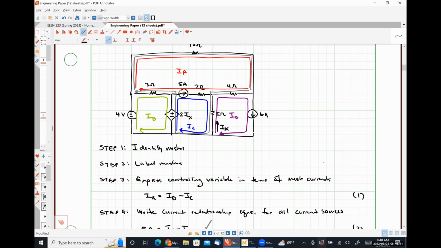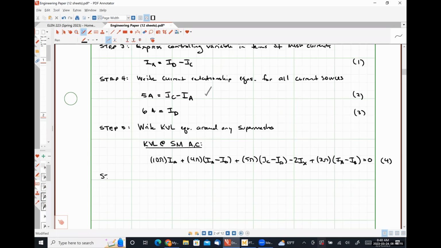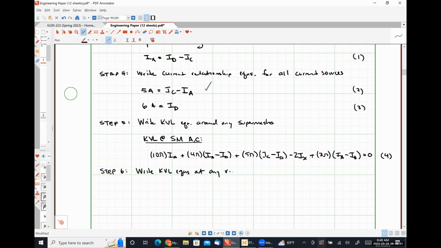So our next step is going to be to write KVL equations around any remaining meshes, which for our case will simply be mesh B.